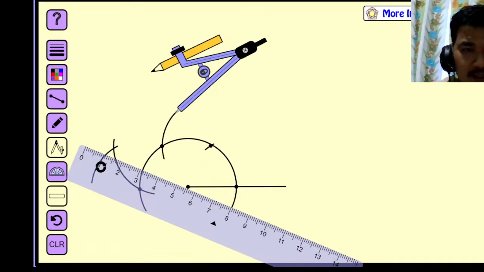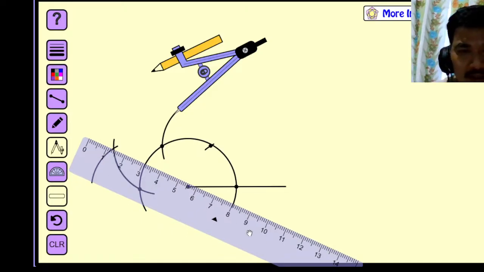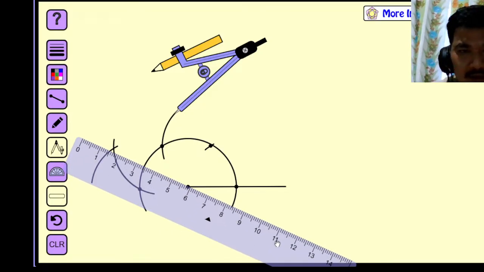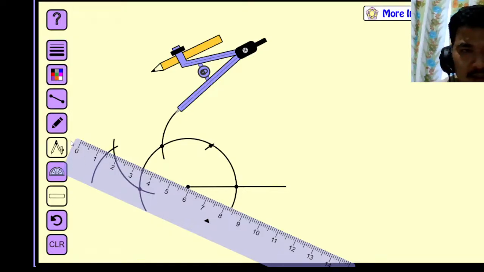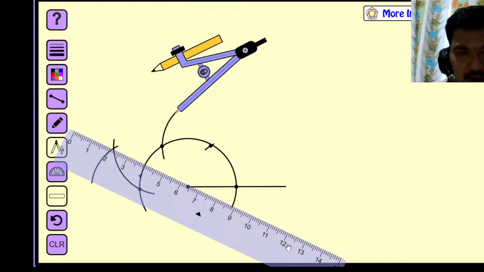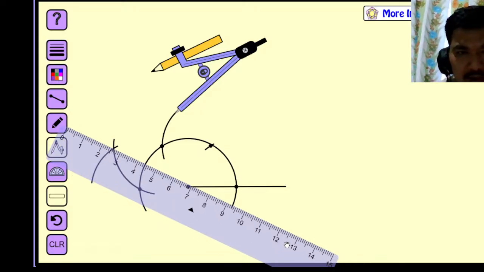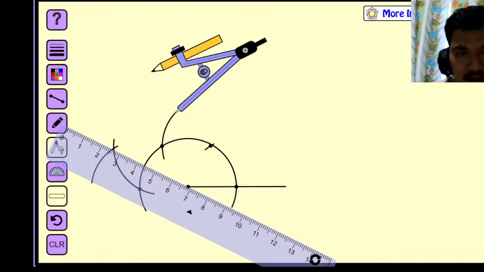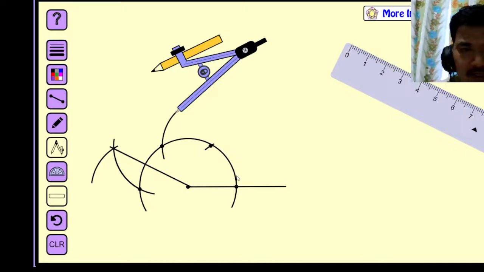Okay, and put the ruler straight, and this point also straight, and then join it. This angle, look at this, from here 120, right? And this is 30, that means it is 150 degree.